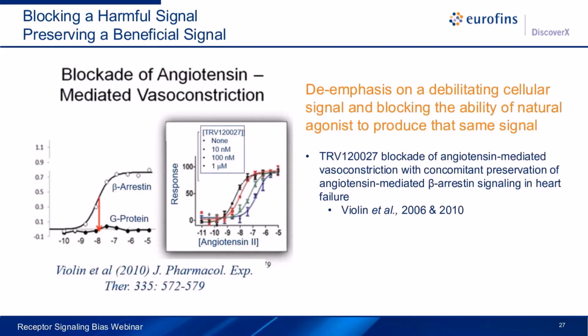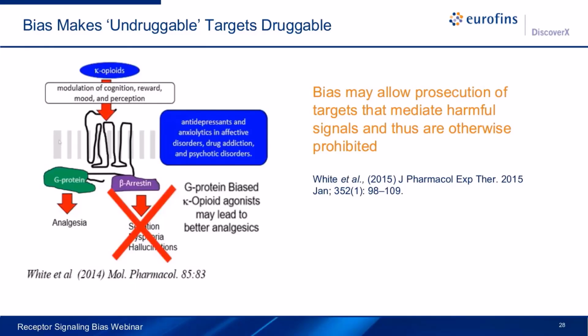Or you might want to de-emphasize a harmful signal and also prevent the natural system from doing it. And that was the example of Trevena that I showed you earlier. Trevena 120 will do the good thing that angiotensin does and take away the harmful vasoconstriction in cases of heart failure. It may also allow us to go after targets that are prohibited.